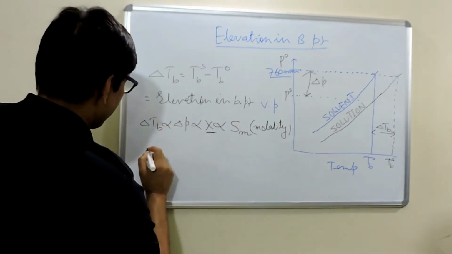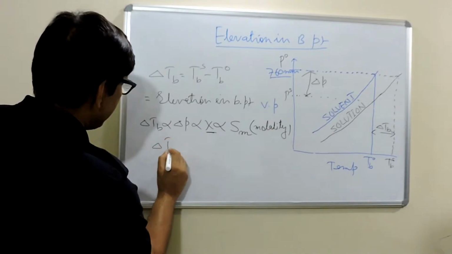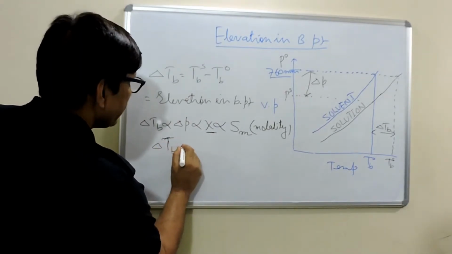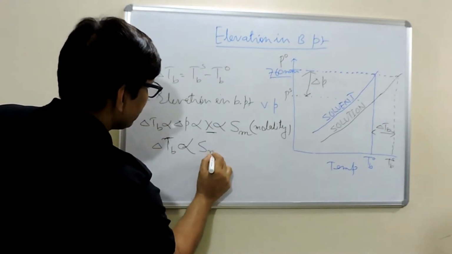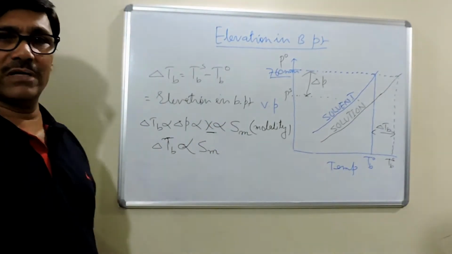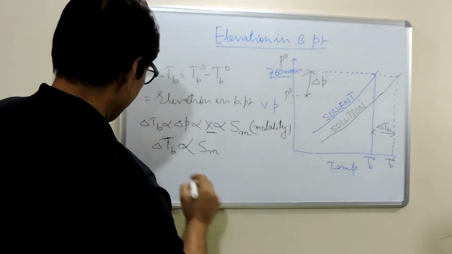So from here we can write delta TB is proportional to strength in molality. SM stands for strength in molality.